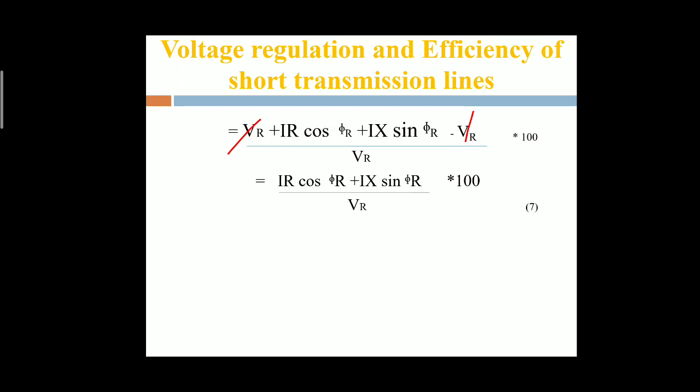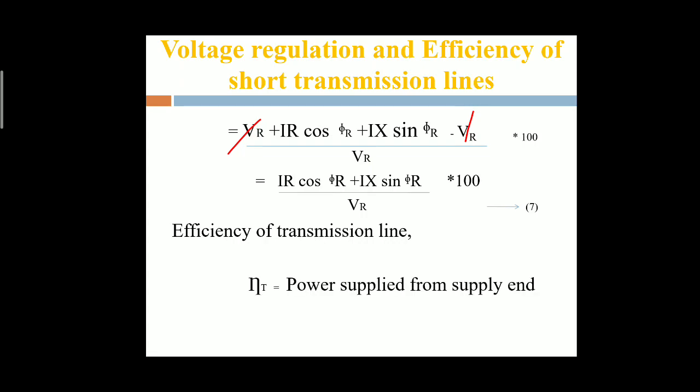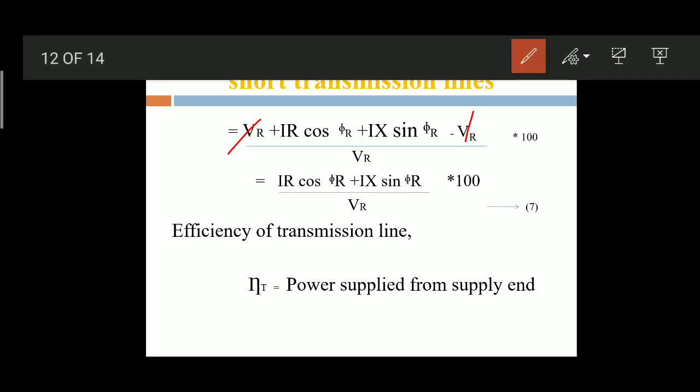By VR into 100. This is equation number 7. This is the final voltage regulation formula for a short transmission line, where IR is the resistive drop, Ix is the reactive drop, and VR is the receiving end voltage.